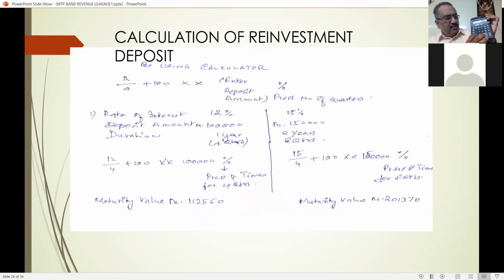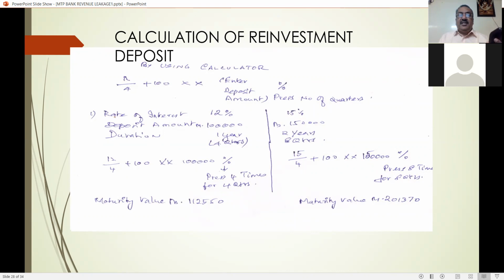Straight away you enter 1 lakh, and the period is 1 year. So 1 year has got 4 quarters. Just press 4 times: 1, 2, 3, 4. The maturity value is 1,12,550. That is, the interest is 12,550.